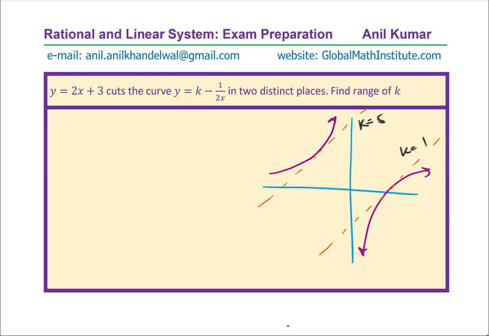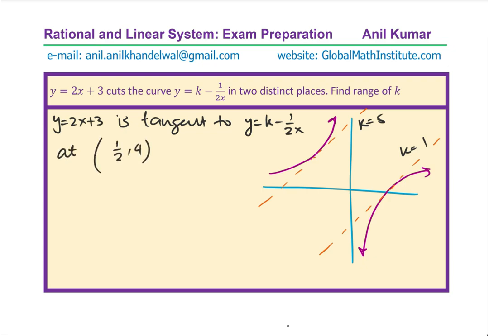You get the idea. So we figure out that y equals 2x plus 3 is tangent to y equals k minus 1 over 2x at the points half, 4 and minus half, 2. Do you understand?